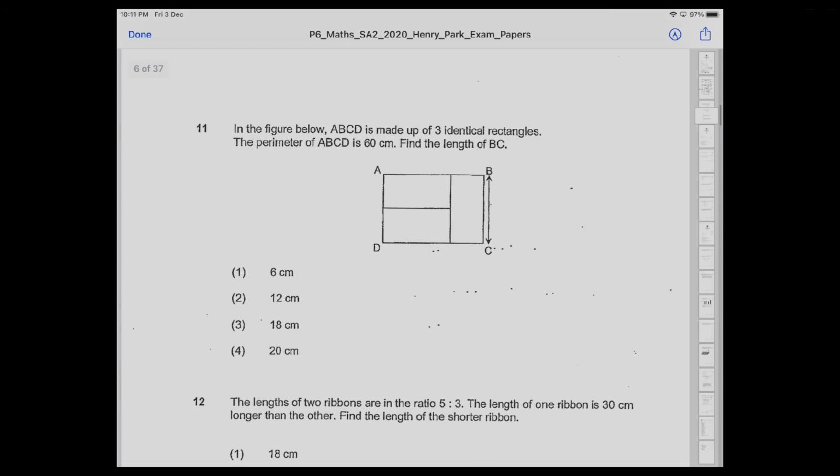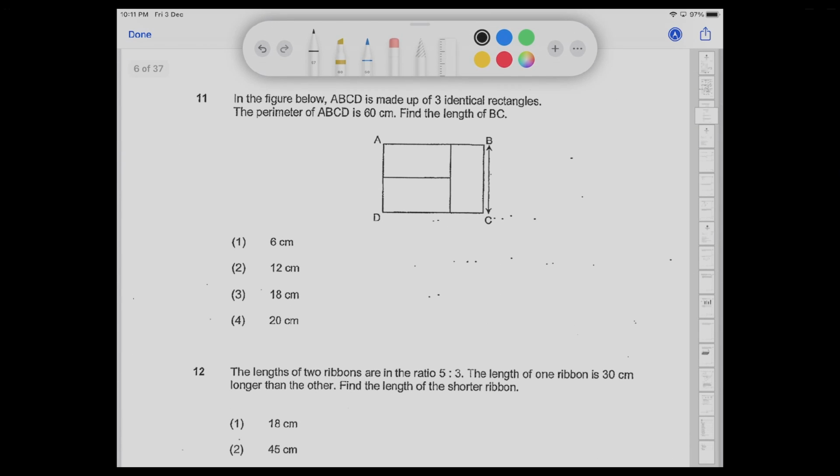Next question. ABCD is made out of 3 identical rectangles. The perimeter is 60 cm. Find the length of BC. Okay, so we have to take note of certain things. So this is 3 identical rectangles, right? So they're all the same, and we see that this length is equivalent to 2 of this length.